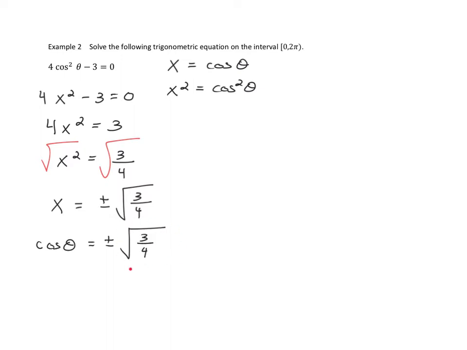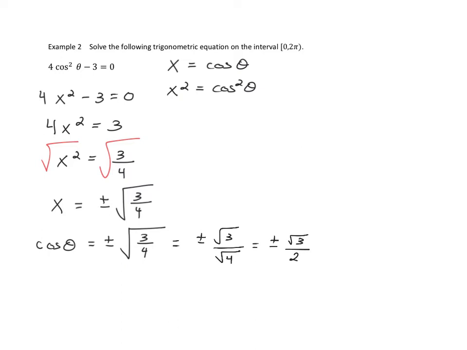Now the answer we get over here should be something familiar to us if we want to potentially solve this thing for theta. And 3 over 4 under the square root doesn't look completely familiar, but I think that's because we have to simplify this a little bit. This is really plus or minus, you can break it up into 2 square roots. That's the square root of 3 over the square root of 4, and the square root of 4 is really 2.